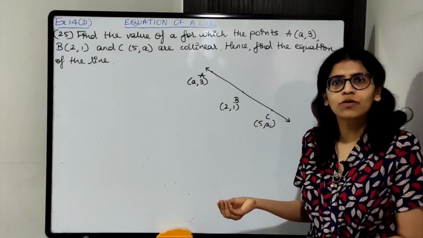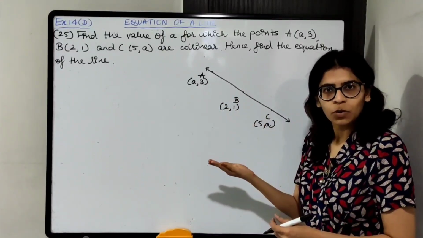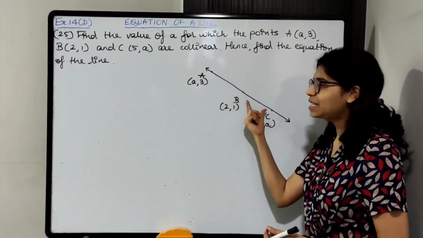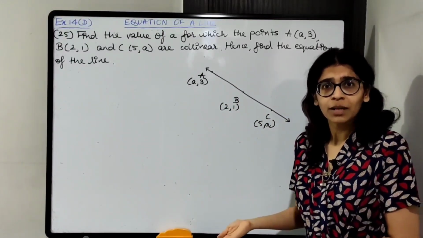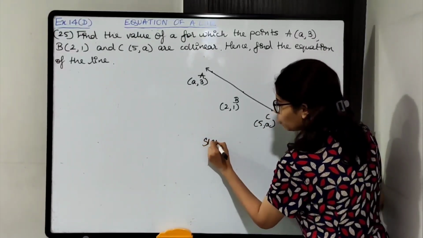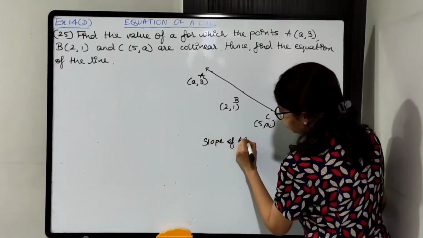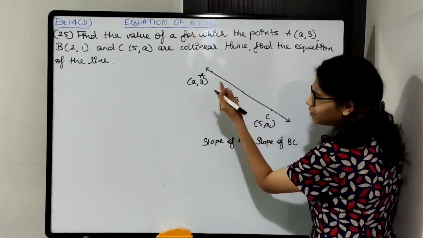So what I am going to do over here is I'll take AB and BC and equate. Okay, AB का slope consider करो, then BC का slope consider करो, both will be equal. Okay, because they are part of the same line. So we'll get slope of AB equals to slope of BC. You can even take AC.